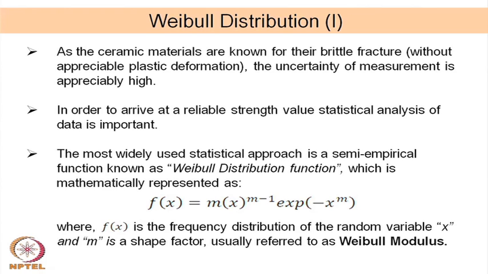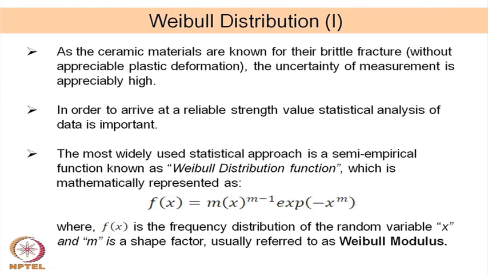Okay. That is quite obvious. In order to arrive at a reliable strength value, statistical analysis of data is very, very important. We have mentioned earlier also that the number of measurements must be quite high, so that we can get a statistical average and reliable data.